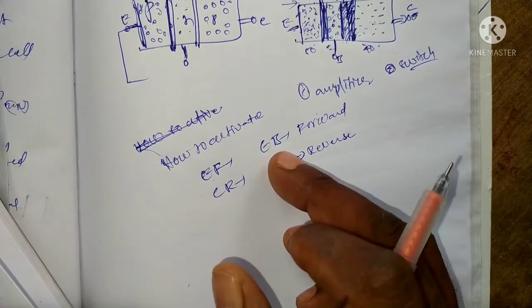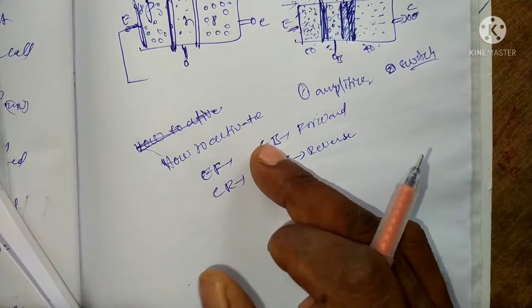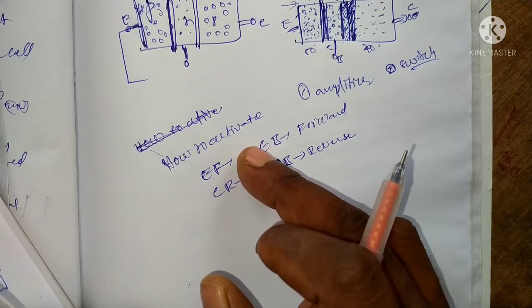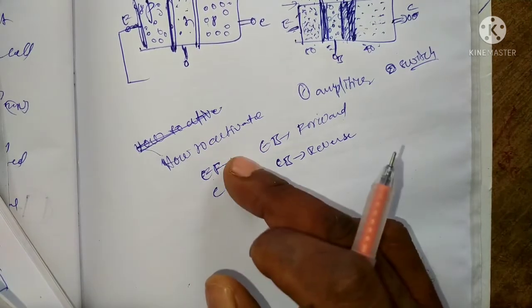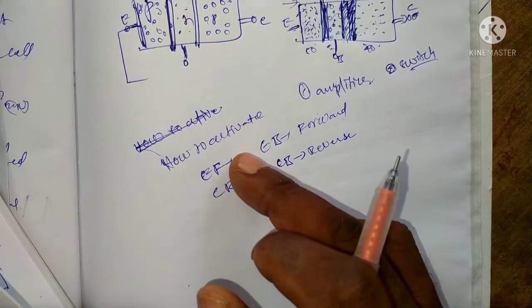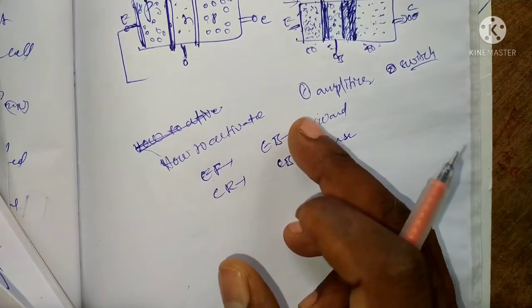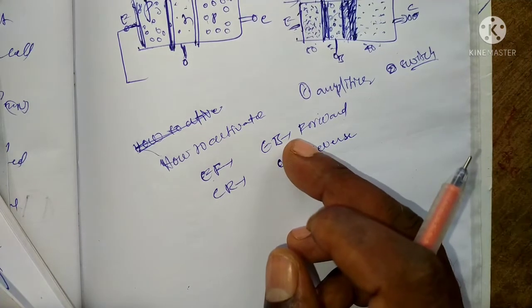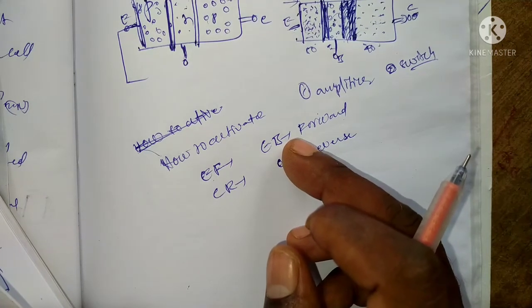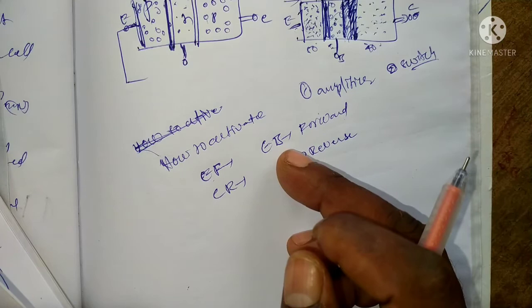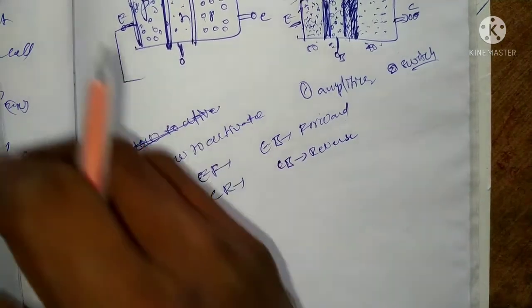That is the activation of the transistor, and it will work as an amplifier. The circuit diagram is shown in the figure.